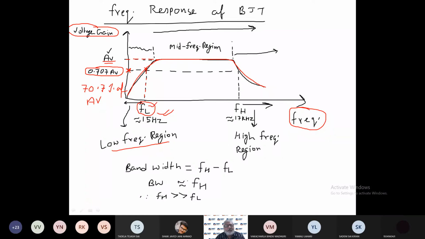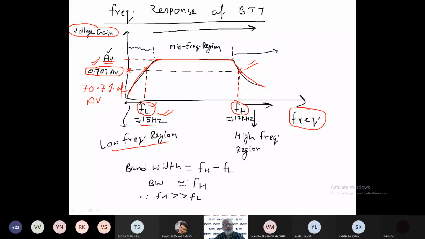So 70.7% means it is 0.707 of AV. Same way, this side you will find same type of point there, and this frequency is called as FH. So FH is a higher frequency at which the voltage gain becomes the 70.7% of total voltage gain. FL is the lower frequency at which the voltage gain will become 70.7% of total voltage gain.